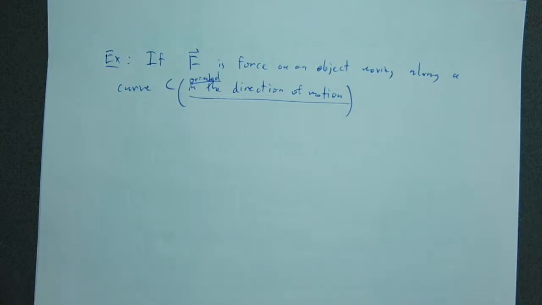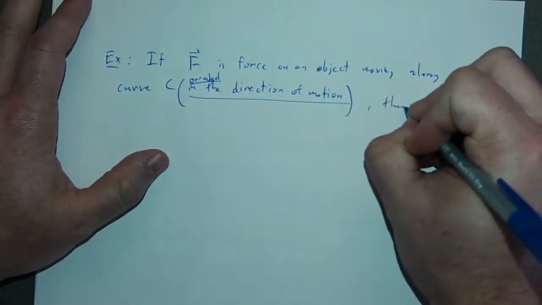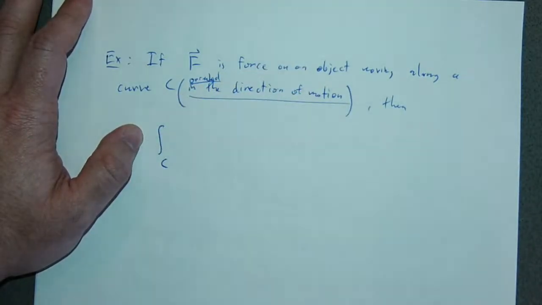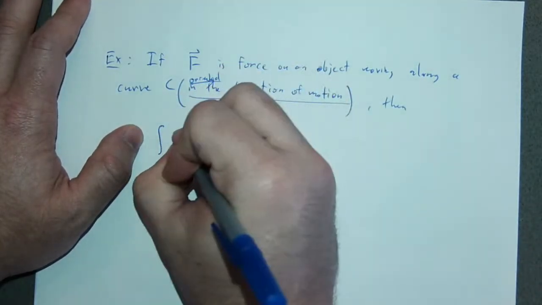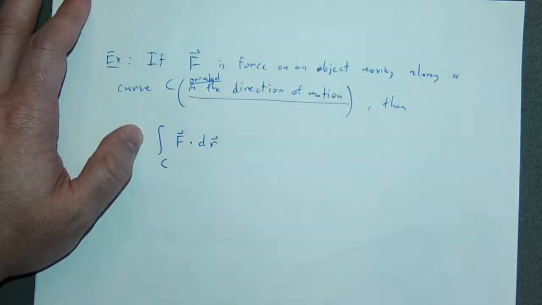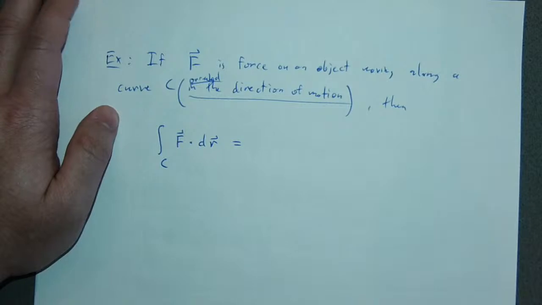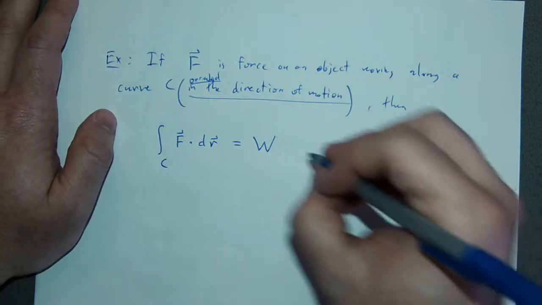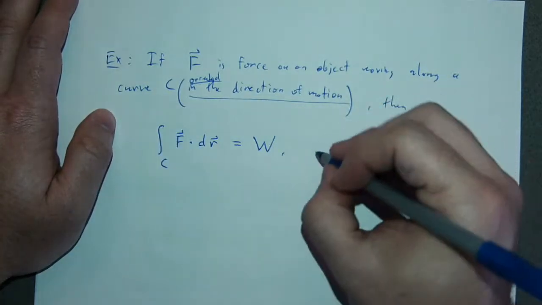But if F is a force on an object moving along curve C, oriented in the direction of motion, then the line integral along C of the vector field F is W, which is the work done by the force on the object as it traverses this curve.